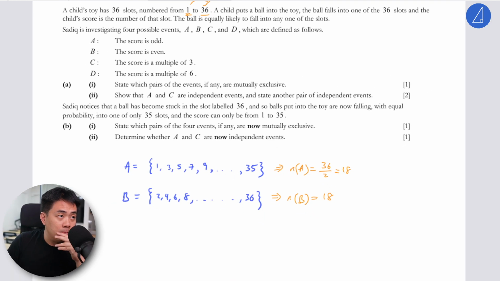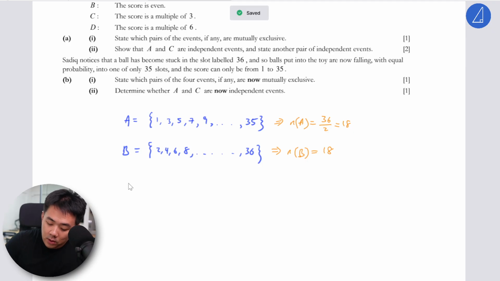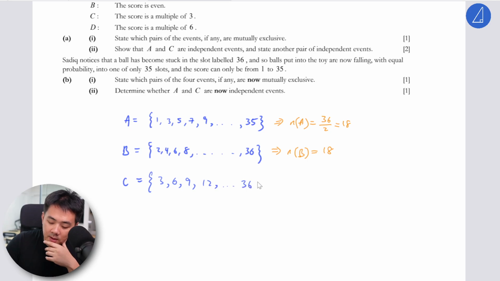Then the next thing is the score is a multiple of 3. With this case, you might be a bit worried, because you do not know. Multiple of 3 means what? 3, 6, 9, 12, all the way to 36. How many of them do you have?